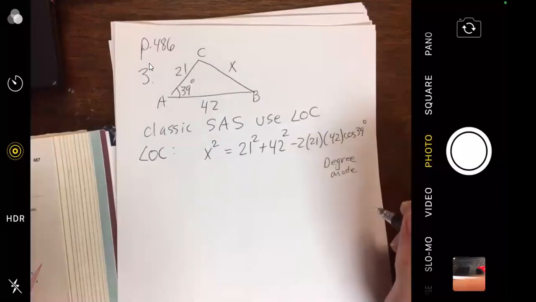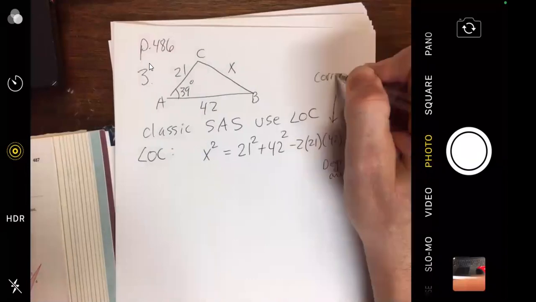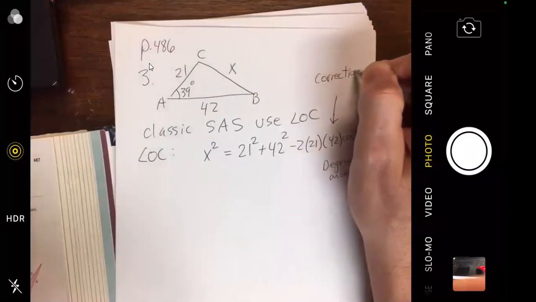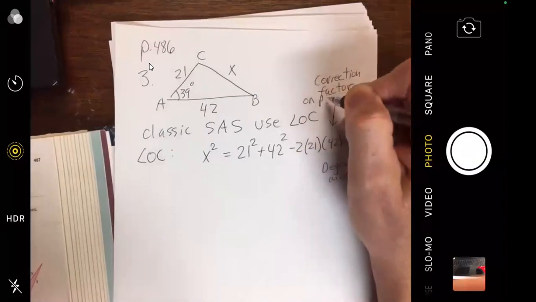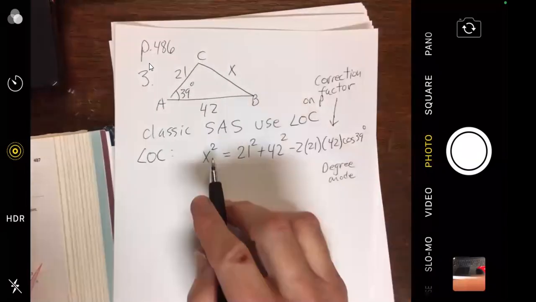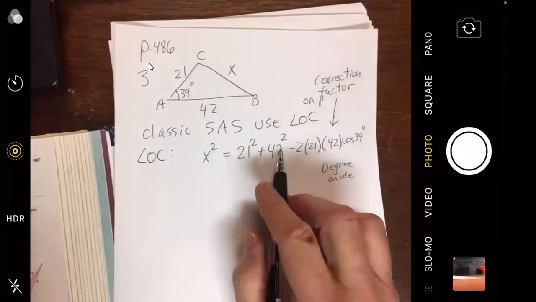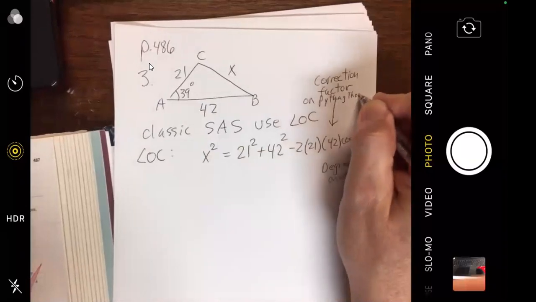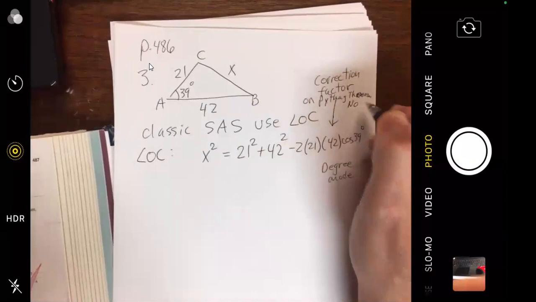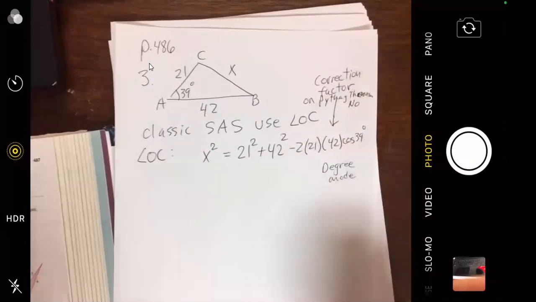Think of it as a correction factor on the Pythagorean theorem. Notice it looks like a Pythagorean theorem. One side squared, the other 2 sides squared. It's a non-right triangle, so they figured out you've got to correct it.